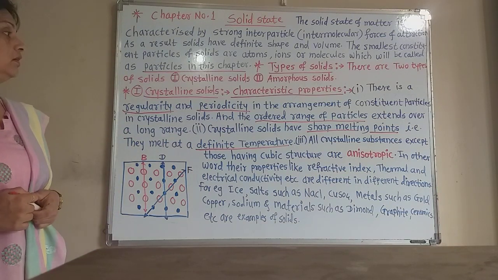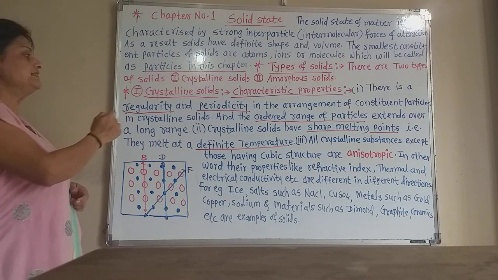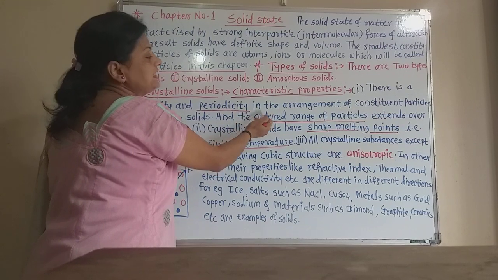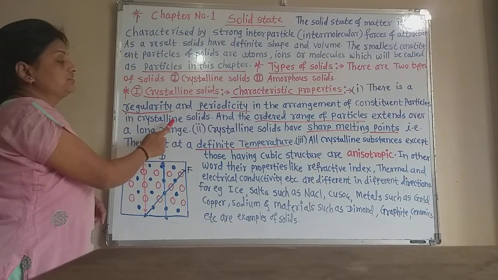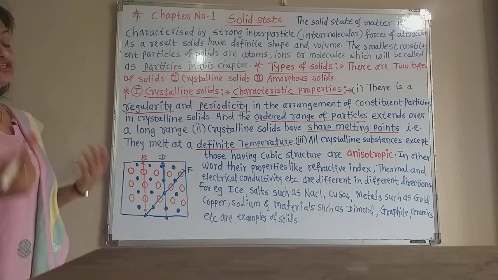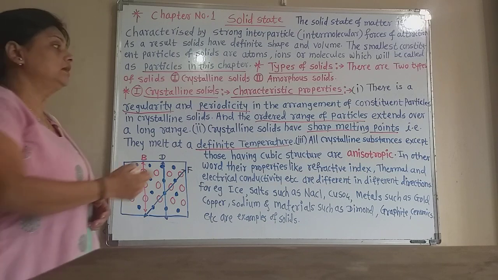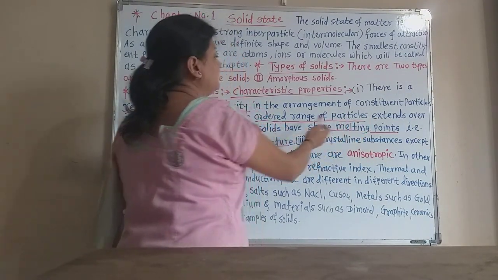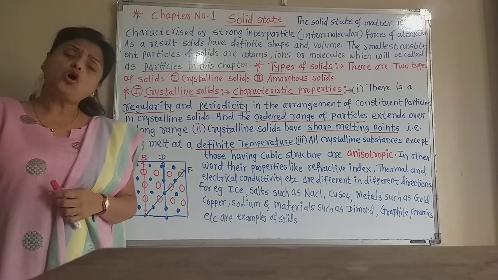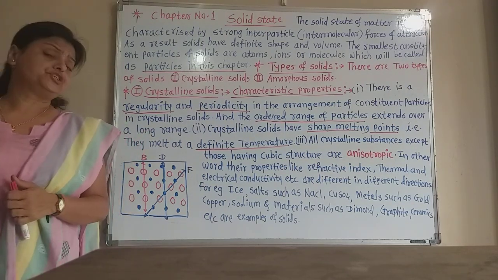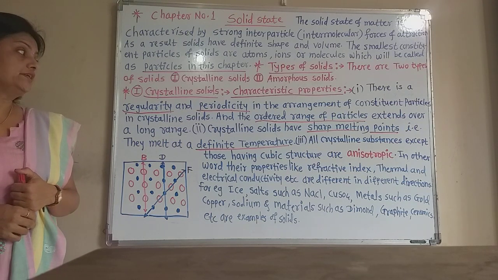So the first main characteristic of crystalline solids is regularity and periodicity in the arrangement of the constituent particles. And the ordered arrangement of particles extends over a long range in crystalline solids.